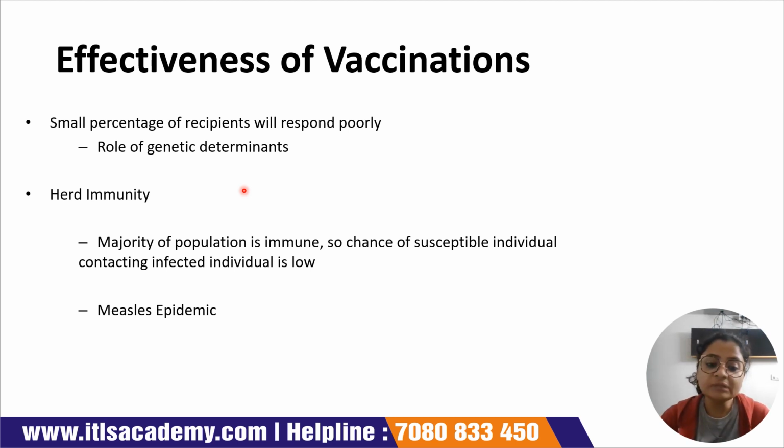Okay. Now, something called herd immunity, very important when we are talking about vaccination, particularly which was seen in case of the COVID pandemic, towards the end of it, because most of the population had reached herd immunity by that time. Okay, so what is it? Majority of the population is immune, so the chance of a susceptible individual contacting an infected individual is low, which was majorly seen in case of the measles epidemic, and nowadays we can also include the COVID pandemic as an example of herd immunity.